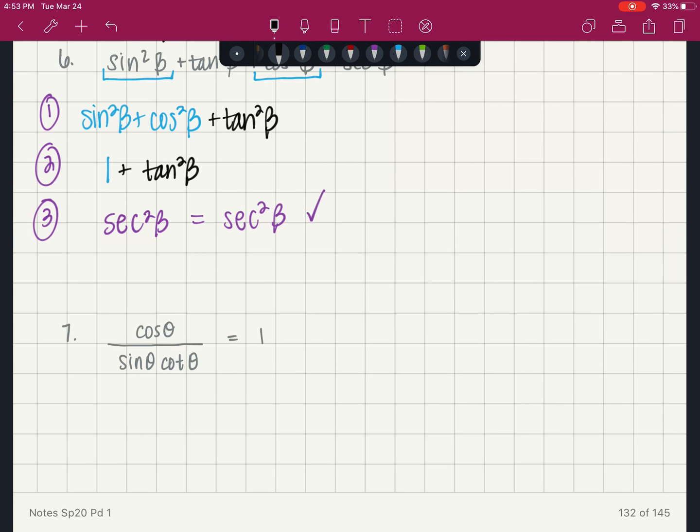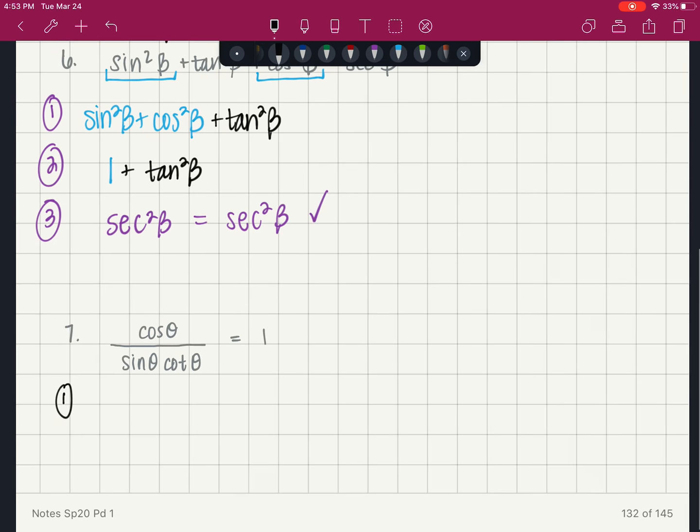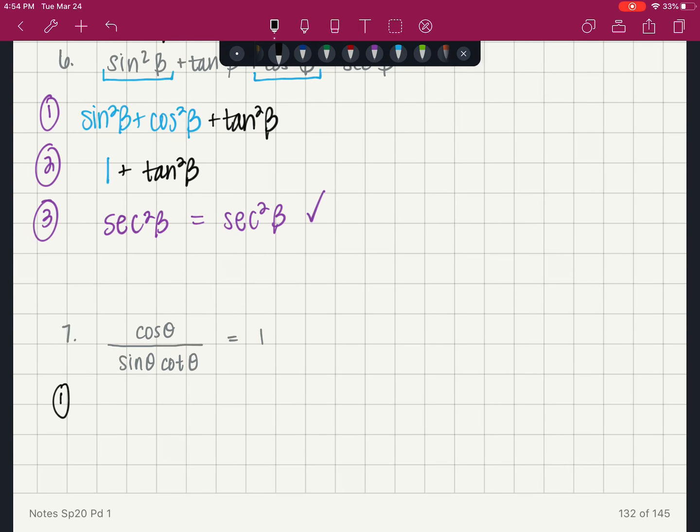What I'm going to do with number 7, so don't watch unless you want it spoiled. What I'm going to do with number 7 is I see a couple of things here. I see cosine of theta over sine of theta times, and I'm going to take this cotangent here. Let's use a highlighter. I'm going to take this cotangent and I'm going to make it a fraction.